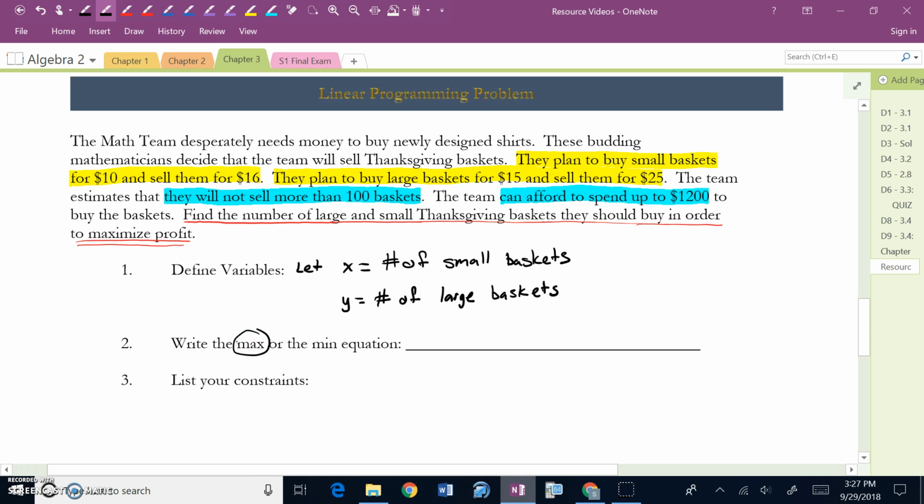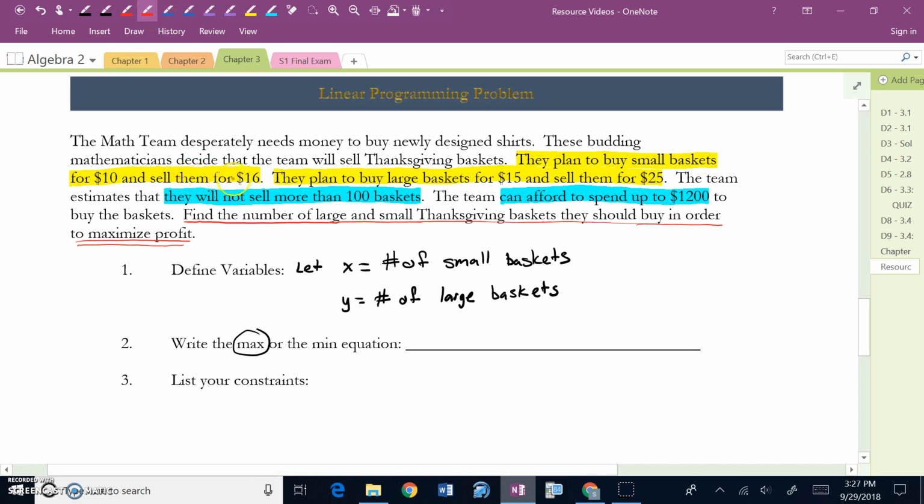This part's a little bit trickier because in the word problem, they have not specifically given us what the profit is for the small baskets or what the profit is for the large baskets. What they told us was that small baskets are $10 to buy and they're selling them for $6. It's our job to interpret that.